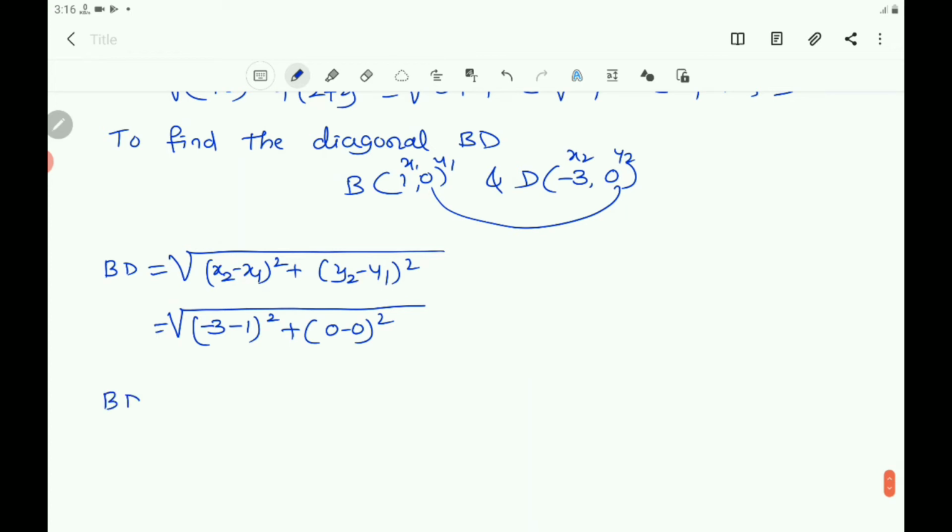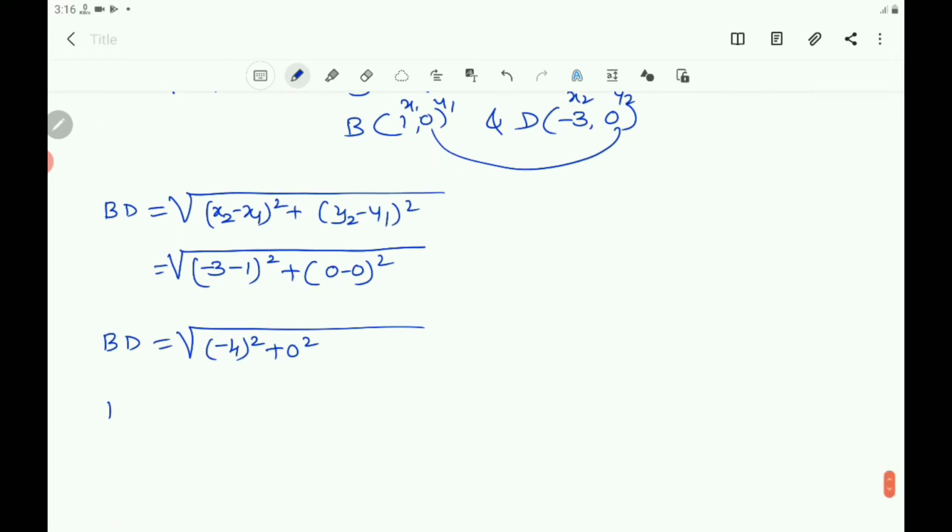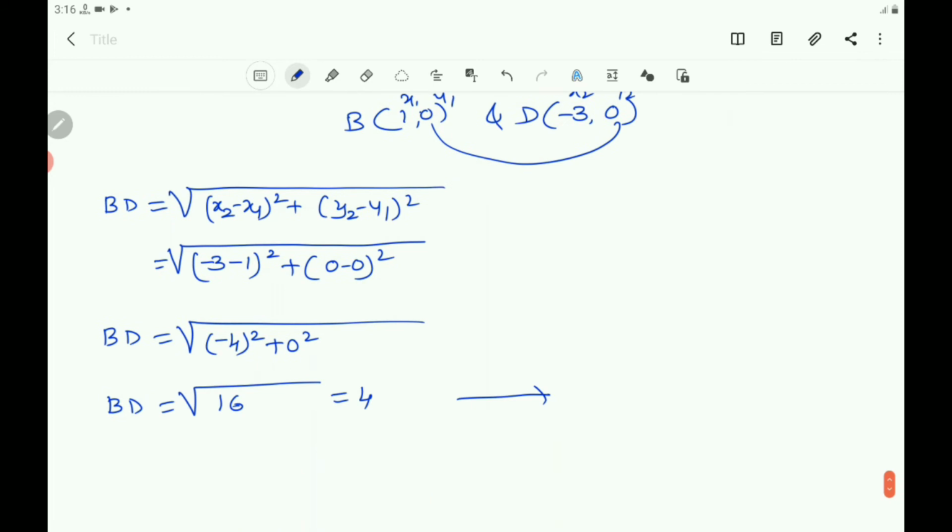Then BD equals whole root -3 minus 1 is -4 whole square plus 0 square, BD equals square root of 16, that equals 4. That is the fifth one.